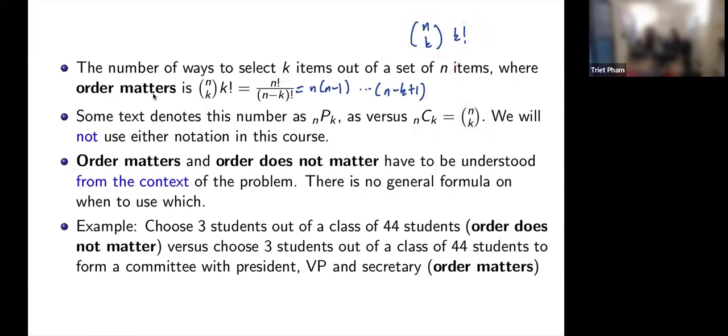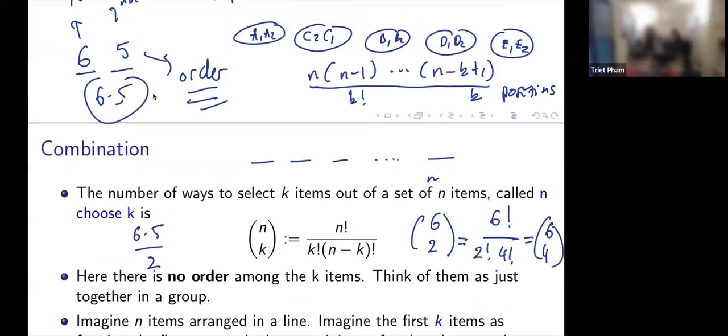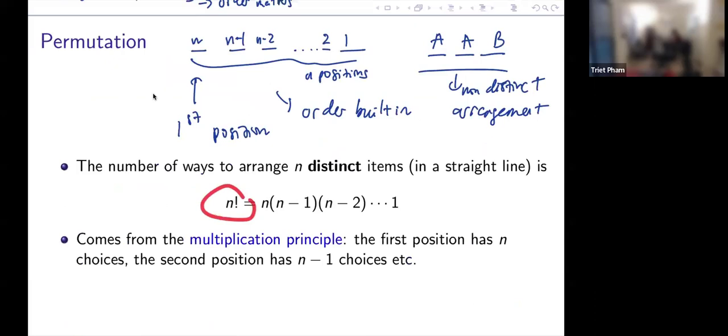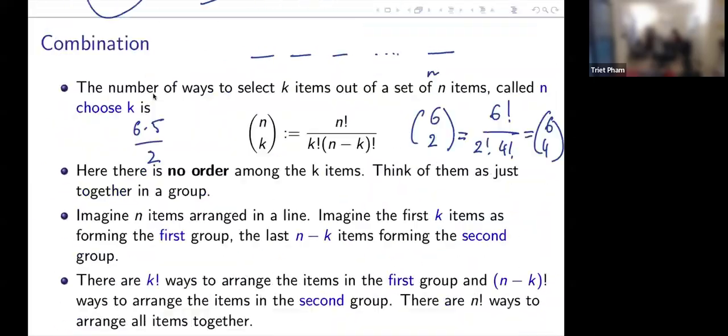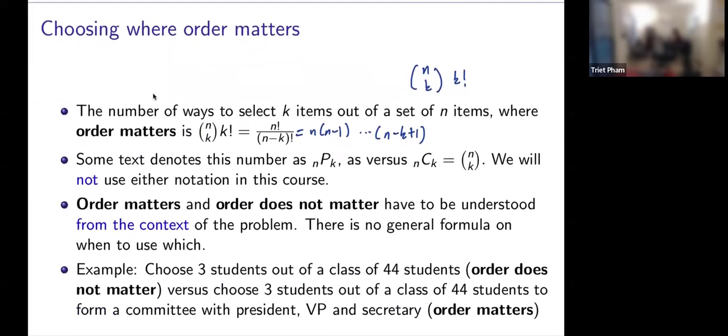This is sometimes also called the permutation number, NPK, and we also refer to the permutation as this. It's consistent because n factorial is something like NPn. Here we just mention that this is the number of ways to choose when order matters. Any question?